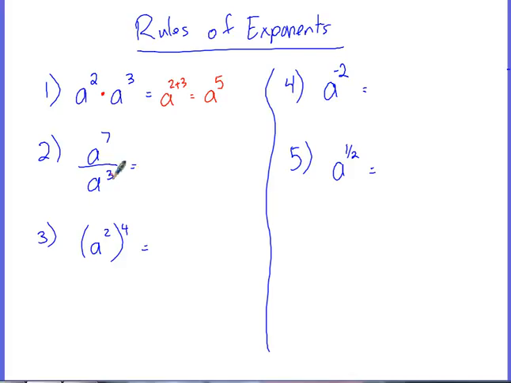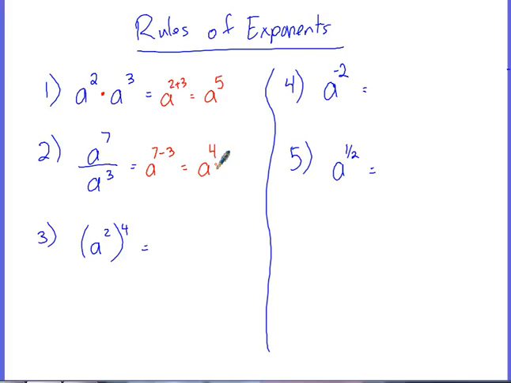Does anybody know what the rule says to do to your exponents? You subtract them. So this becomes a to the 7 minus 3, it's always the top minus the bottom, which becomes a to the 4th power. Okay, so far 2 rules. When they're multiplying, you add the exponents. When they're dividing, you subtract the exponents.